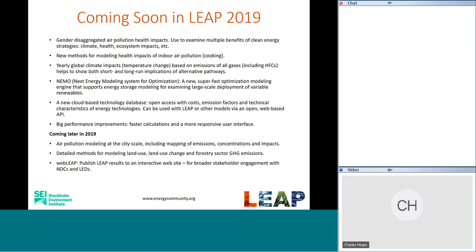You'll be able to say not just what the emissions are in one country, but what the emissions will be in grid squares within a country. And you'll be able to map the emissions, the concentrations and the impacts onto those grid squares, actually displaying them on graphical maps within LEAP. So that should be quite useful for people looking at the geographic distribution of impacts.